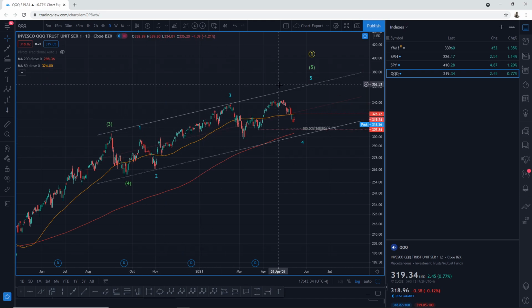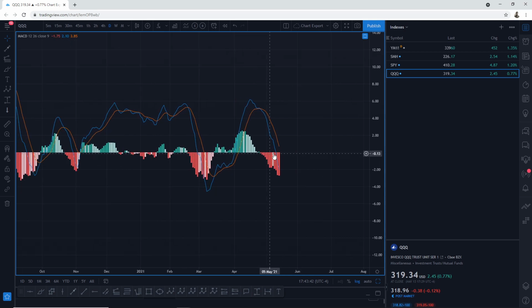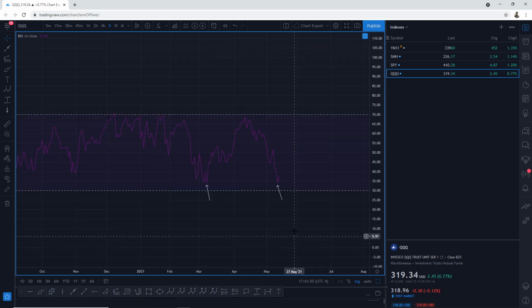Okay, now let's take a look at our other indicators here, the MACD. So the MACD has already crossed below the 0 line, okay, and the histogram keeps on ticking lower. Our averages are moving lower, so this is also indicative of a further down move. However, what's kind of throwing me into the idea that we will be hovering over in the wave 4 is the fact that we found support in the RSI.